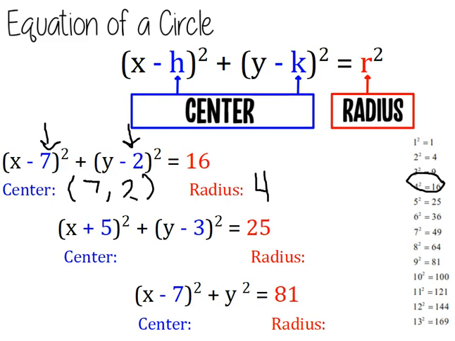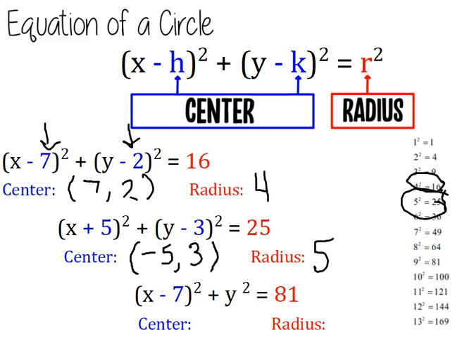For the second example, (x + 5) squared plus (y - 3) squared equals 25. So the center of this circle is going to be at (-5, 3). And the radius of this circle will be 5, since 25 is 5 times 5.